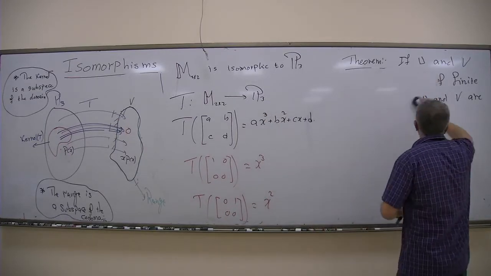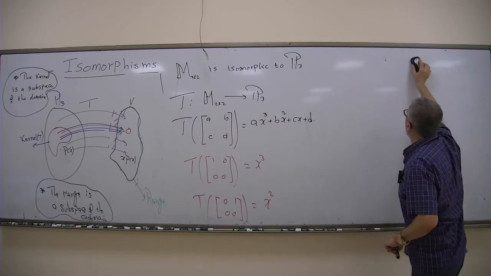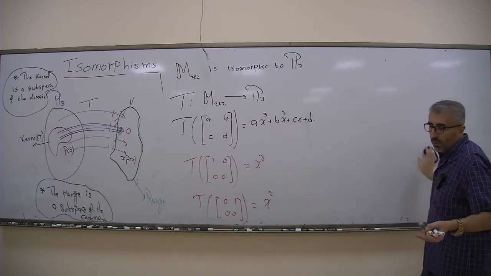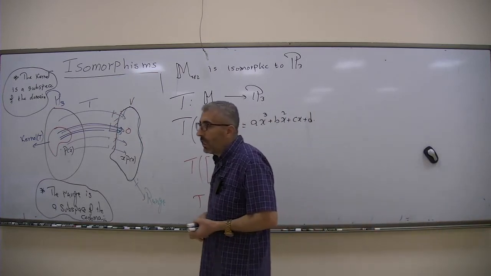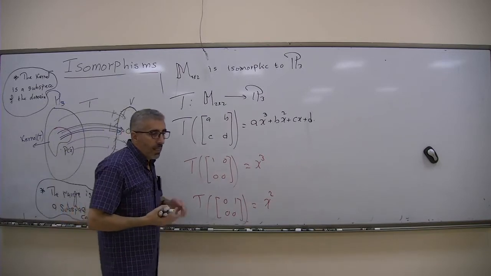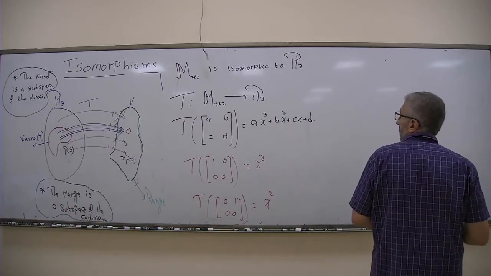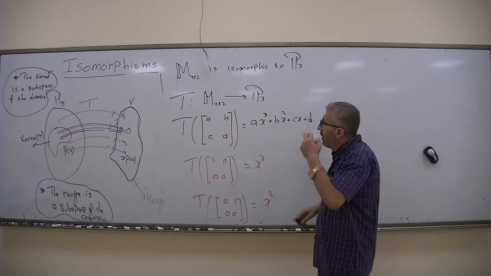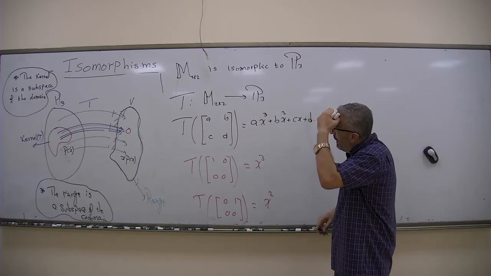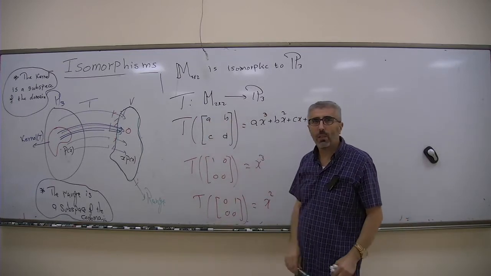So here when we say there is an isomorphism, it doesn't mean it is only one isomorphism. Each student or each one can construct his own isomorphism. Okay? As long as it is linear, it is one-to-one, it is onto. Because it's one-to-one and onto, you can even reverse the process.